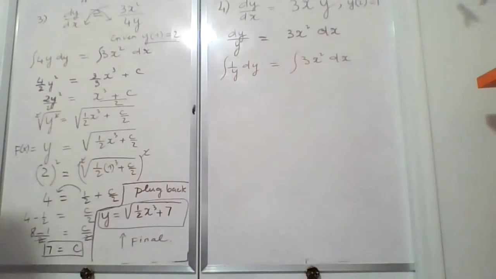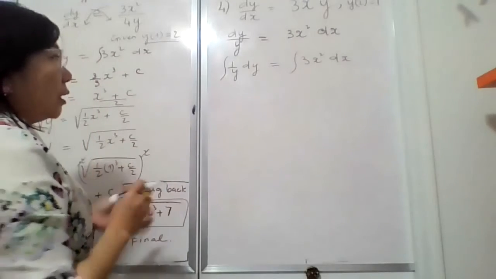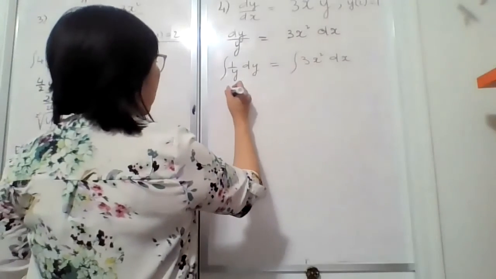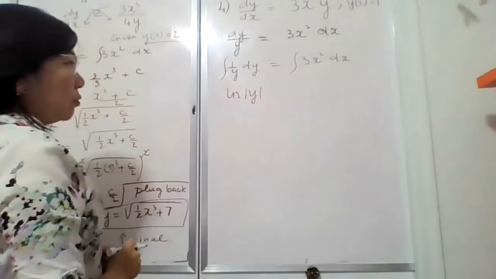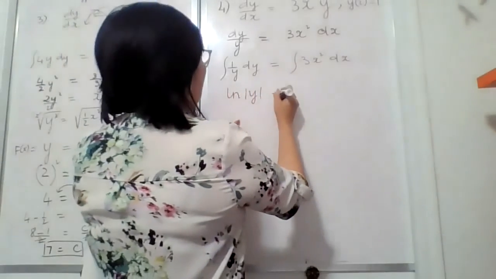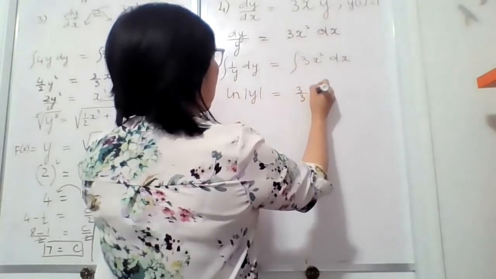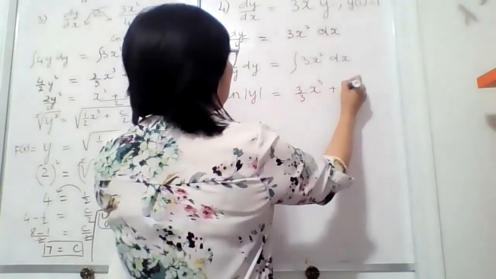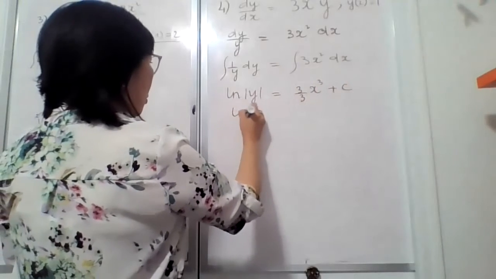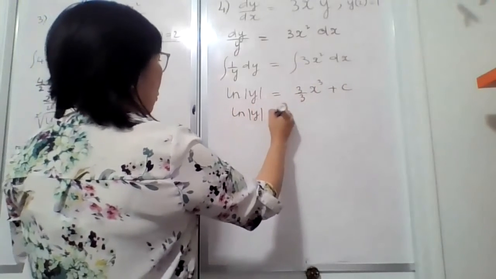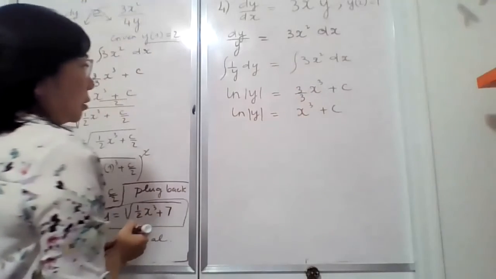So what is the antiderivative of 1 over y dy? The antiderivative will be ln of y, and we put in absolute value again. Equal, integrate this, it will be 3 divided by 3, x to the power 3, plus c. So ln y will be equal to x to the power 3 plus c.